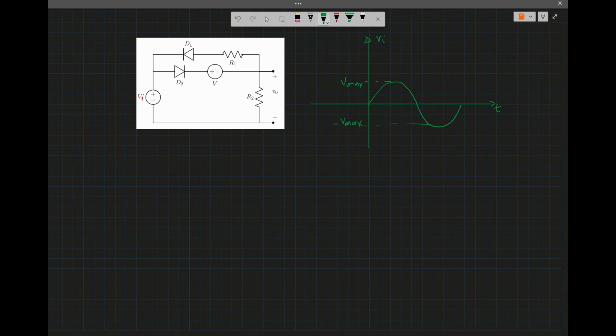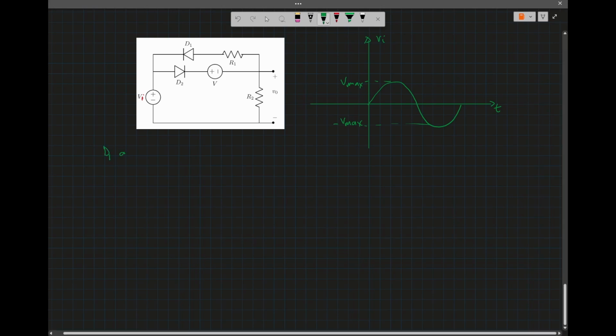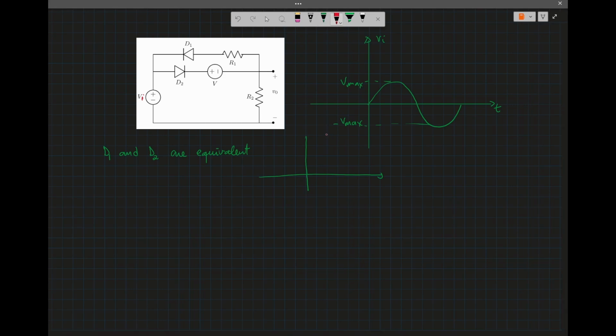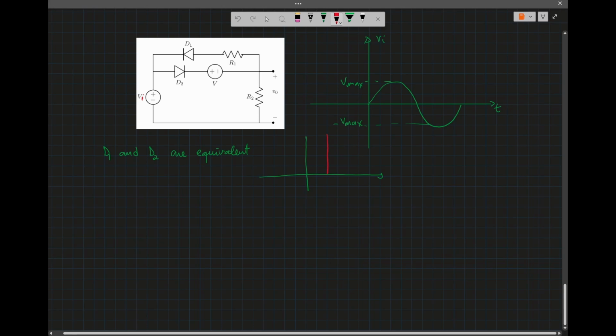D1 and D2 are equivalent. So the characteristic of the diode looks like this, and you're going to approximate that by this.